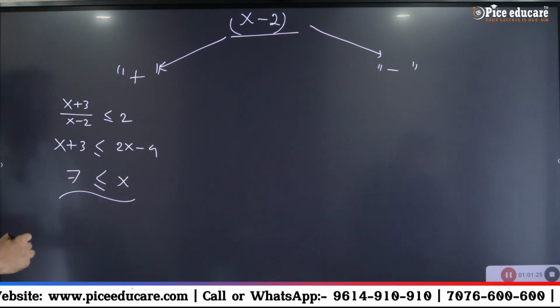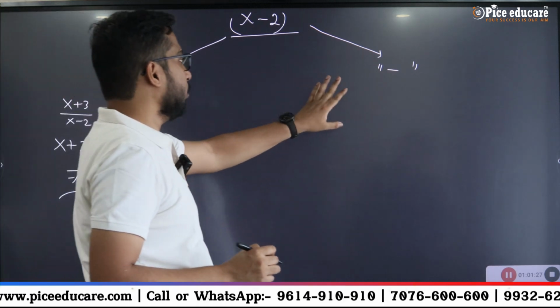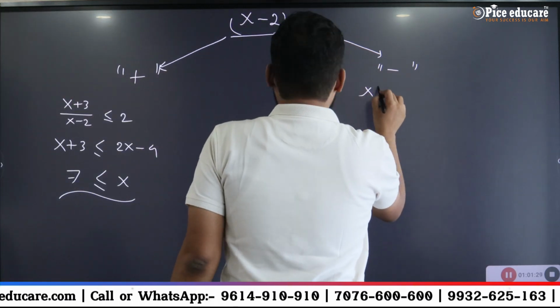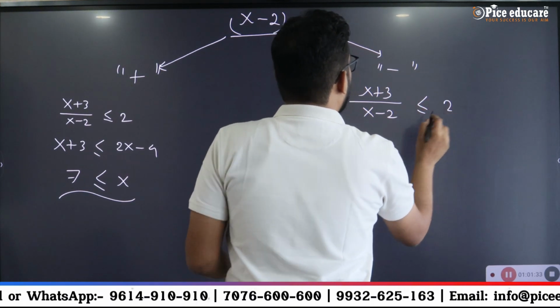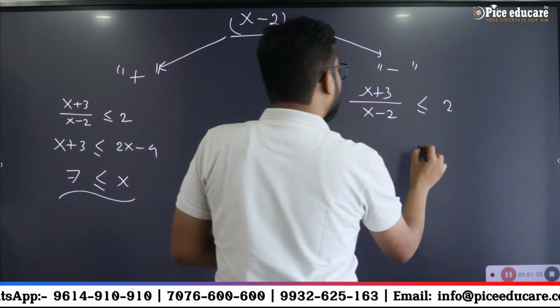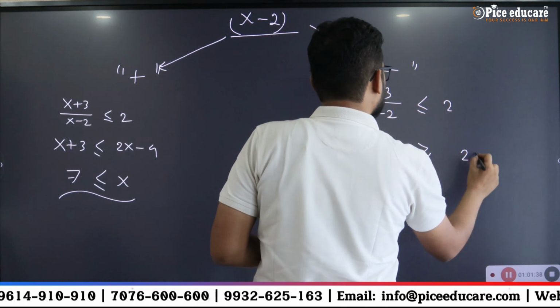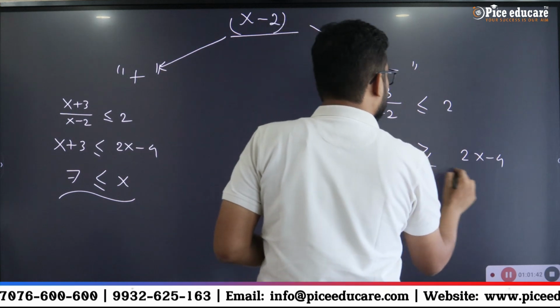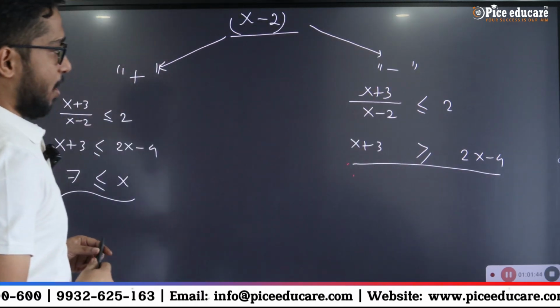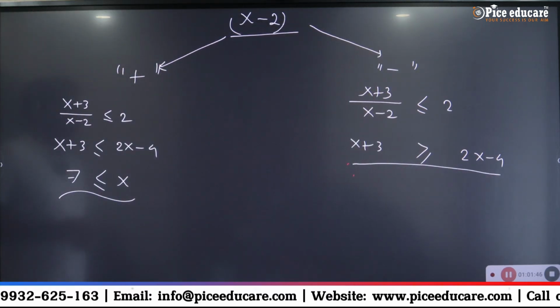This we got earlier, but what we missed was this scenario, where after the multiplication by x minus 2, we had to flip this sign and write this maybe, right? So we didn't do that.